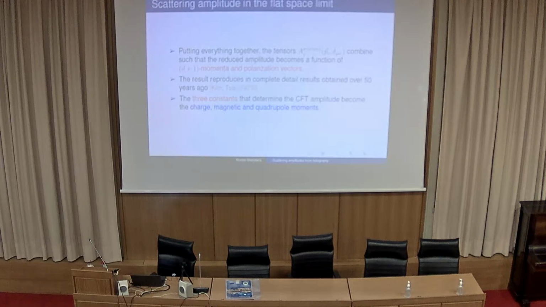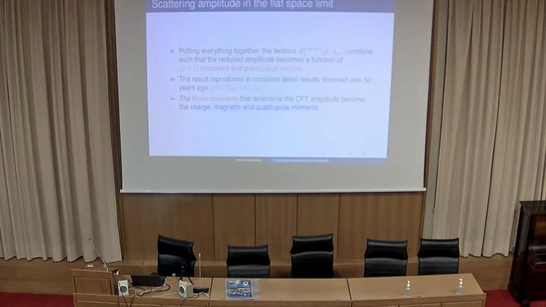And the result reproduces in complete detail, including 2's and i's and pi's and signs, a result which was obtained over 50 years ago, when people tried to compute the electromagnetic form factors of the W bosons. Actually, this is maybe the third paper on that topic. There was one in the late 50s, one in the mid 60s.